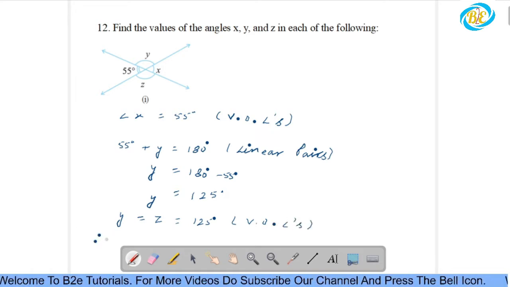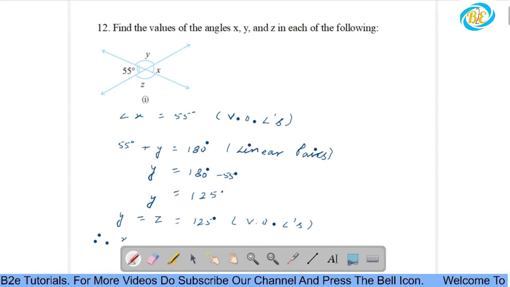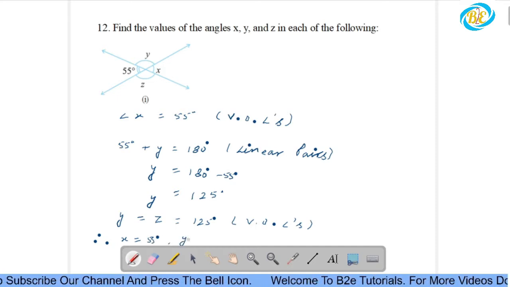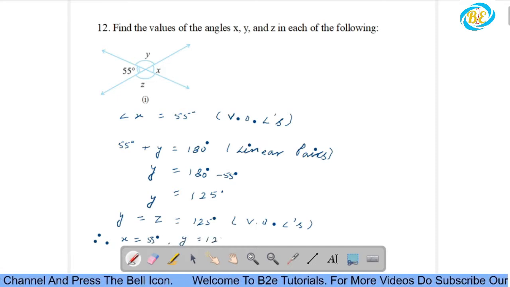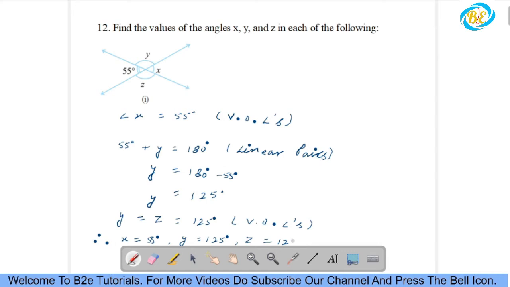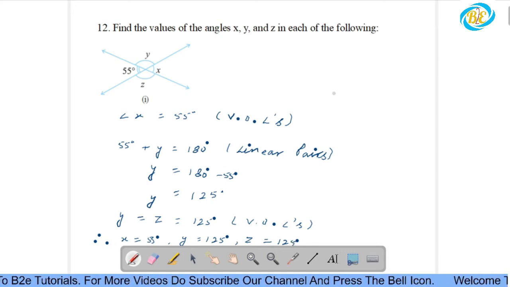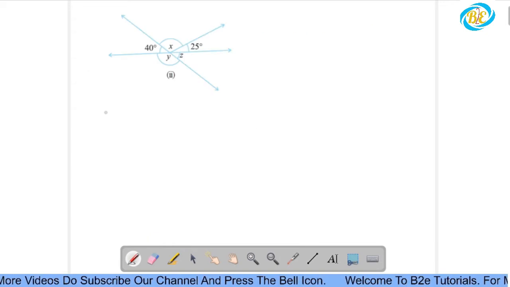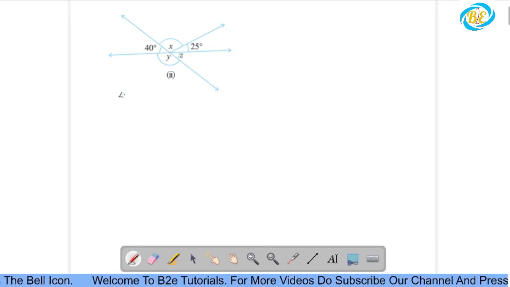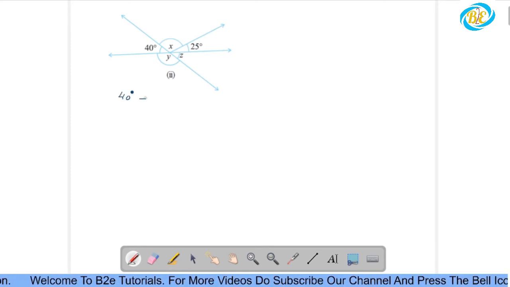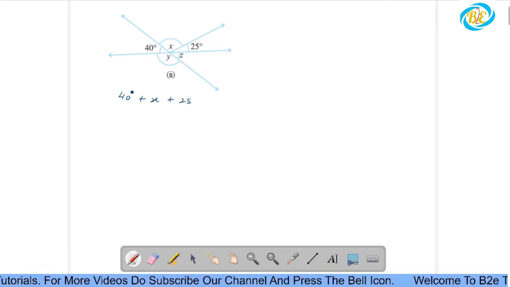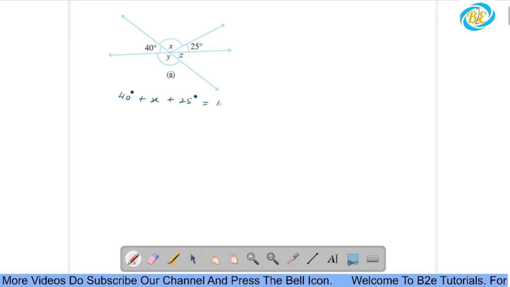Therefore x is equal to 55 degree, y equal to 125 degree, z equal to 125 degree. This is your answer. Come to next. Now come to second part. Here 40 degree plus x plus 25 equal to 180 degree.